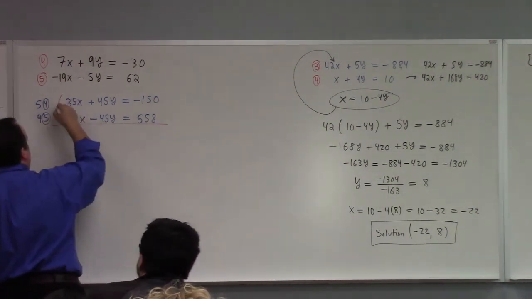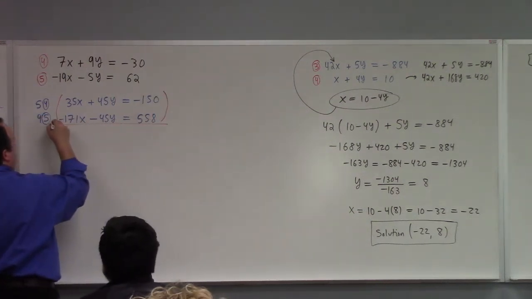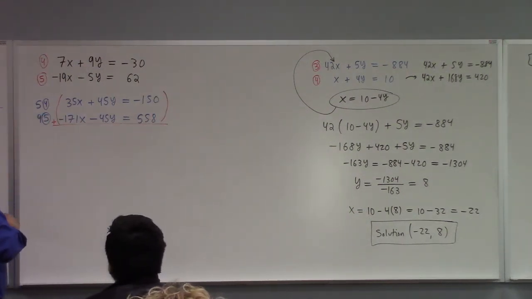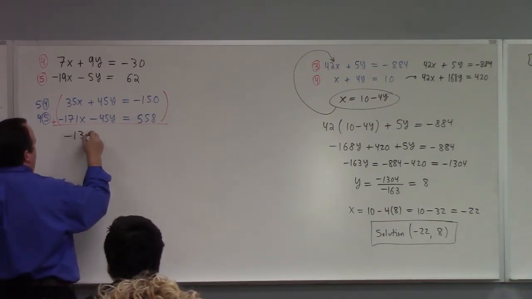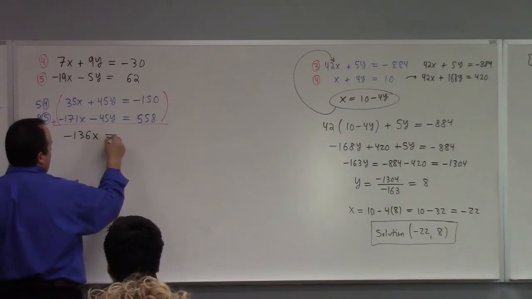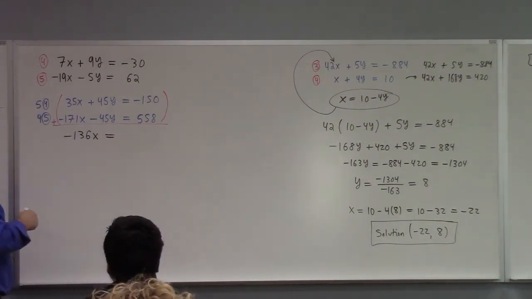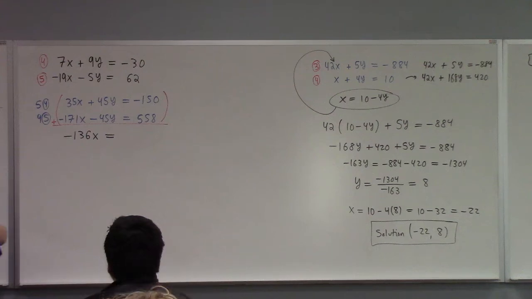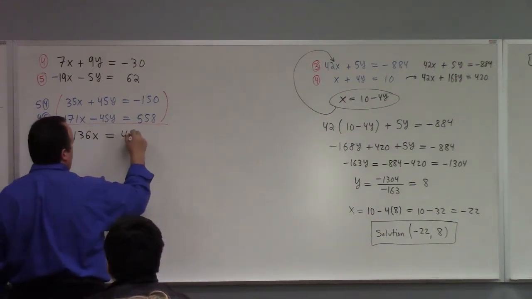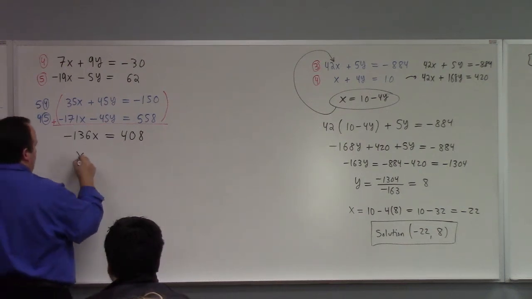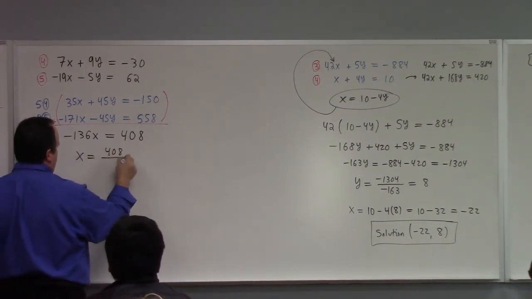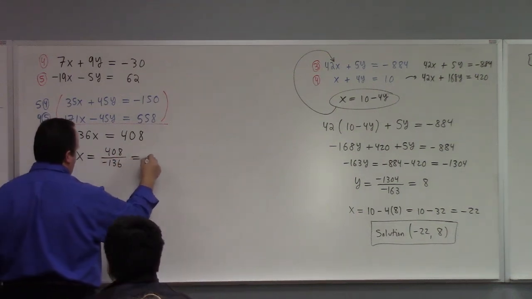So just add these equations. What happens? We get minus 136x equals 408. Is that right? Yeah. So x is equal to 408 divided by minus 136, also known as minus 3.